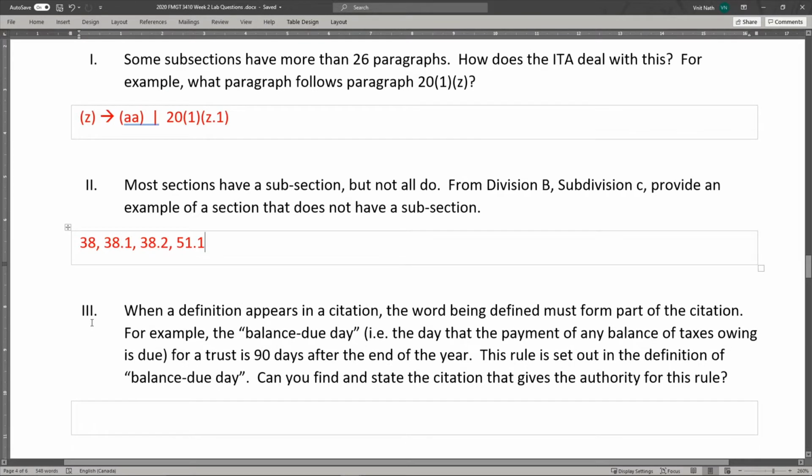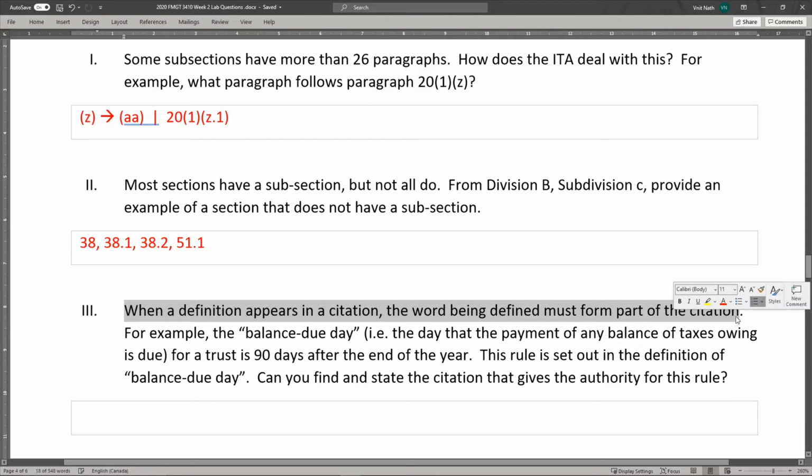Question 4, Part 3. When a definition appears in a citation, the word being defined must form part of the citation. Let's pause for a second and try to remember what that means. If you recall from question 1, we did cite a provision that had a definition in it. Let's take a look at that.